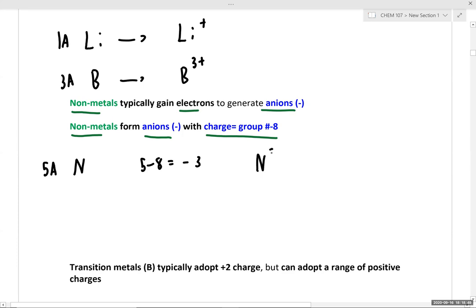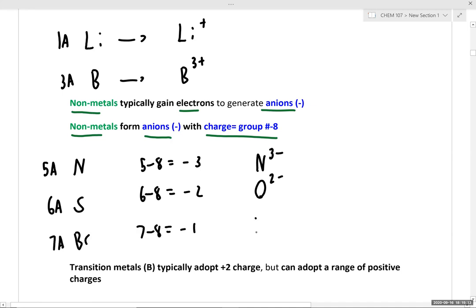So nitrogen prefers to form nitrogen 3 minus. Sulfur, which is a 6A element, 6 minus 8 is -2. And oxygen forms O2 minus. Bromine, which is a 7A element, 7 minus 8 gives us -1, and bromine prefers to form Br minus, or bromide. Does this make sense?